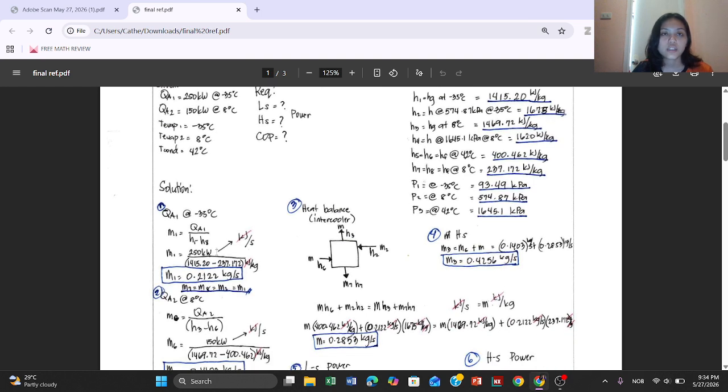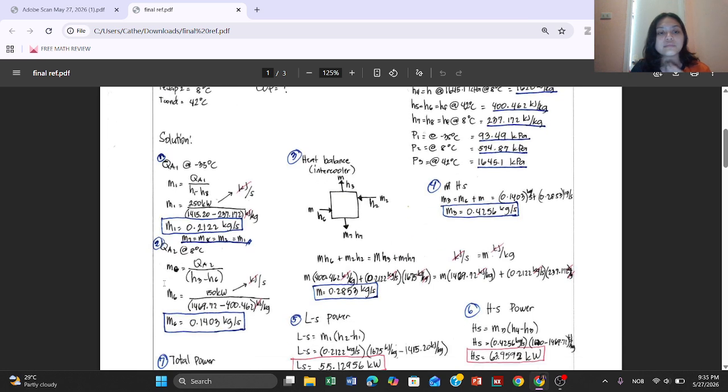Substituting, we get 250 kilowatts, which is kilojoules per second, over 1415.20 minus 237.172 kilojoules per kilogram. Since the kilojoules cancel, we get kilogram per second. So the mass flow rate at point 1 is 0.212 kilogram per second.